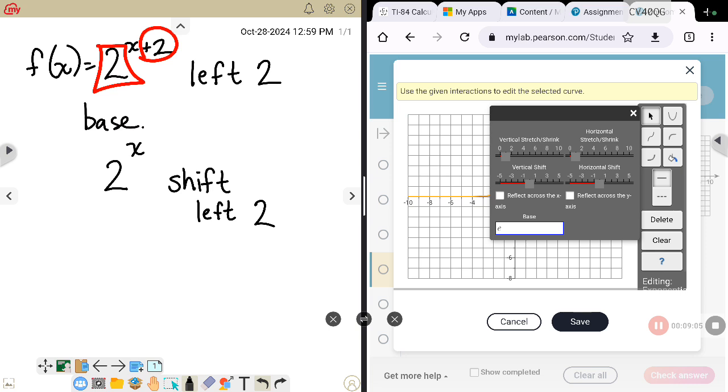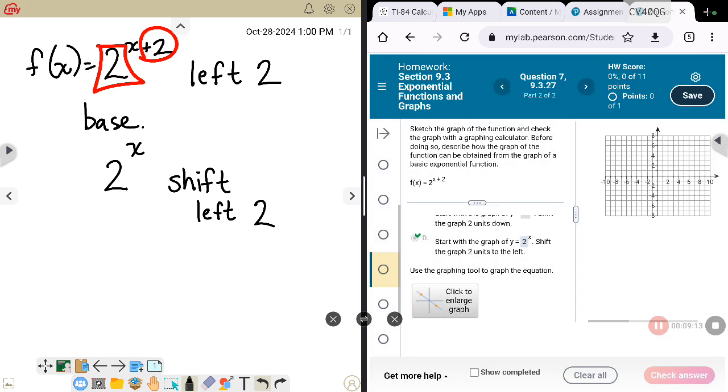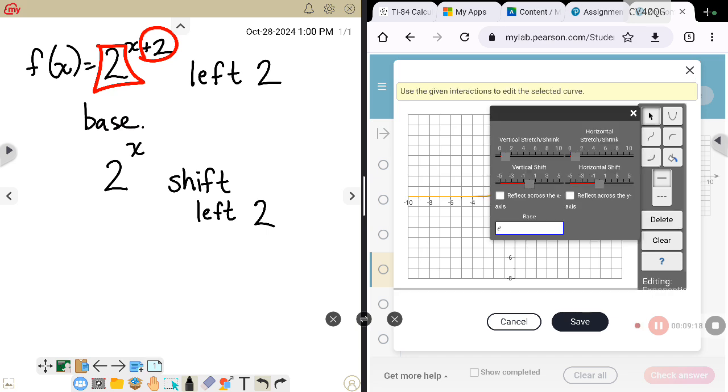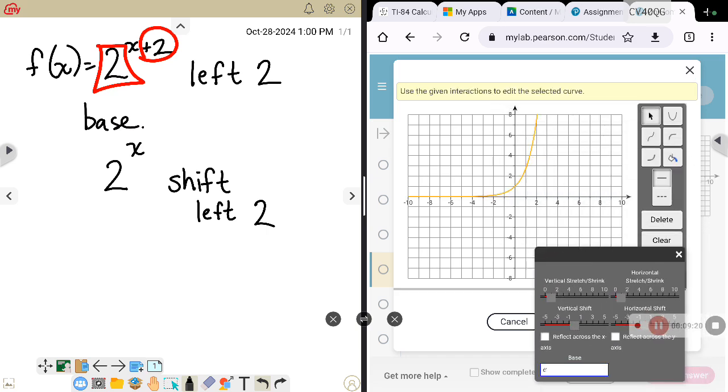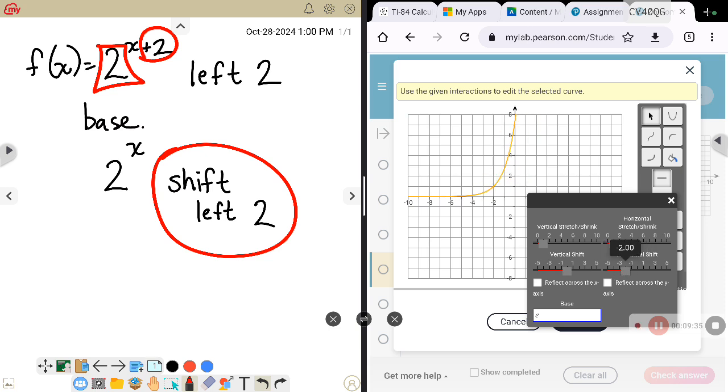It puts that exponential shape right in the middle and pops up your shifting box. The first thing we want to do is shift it to the left 2. So a horizontal shift, moving to the left 2.